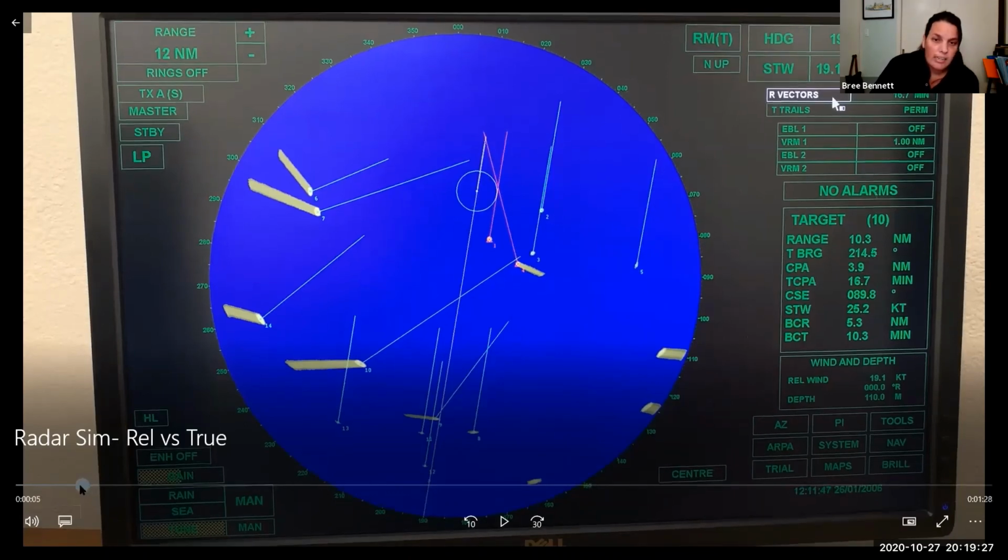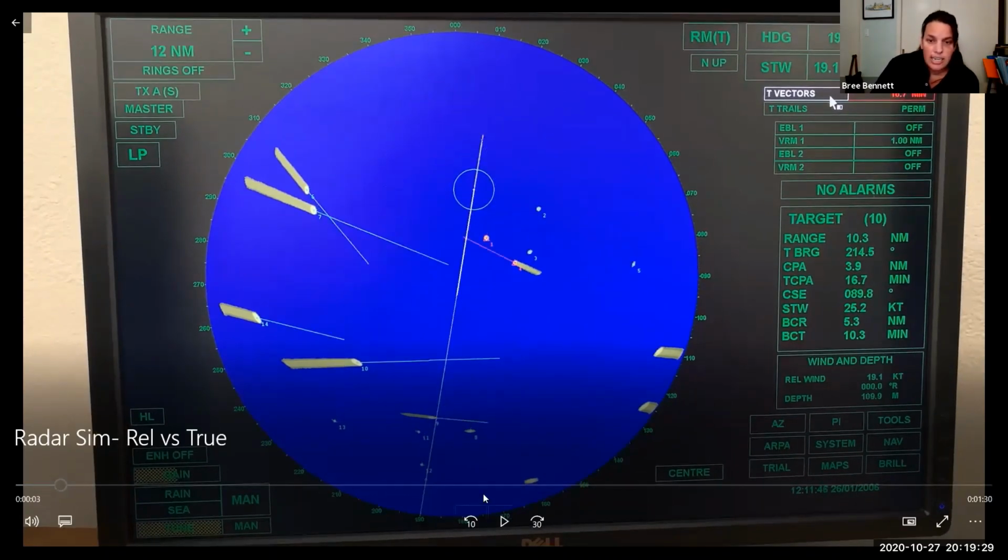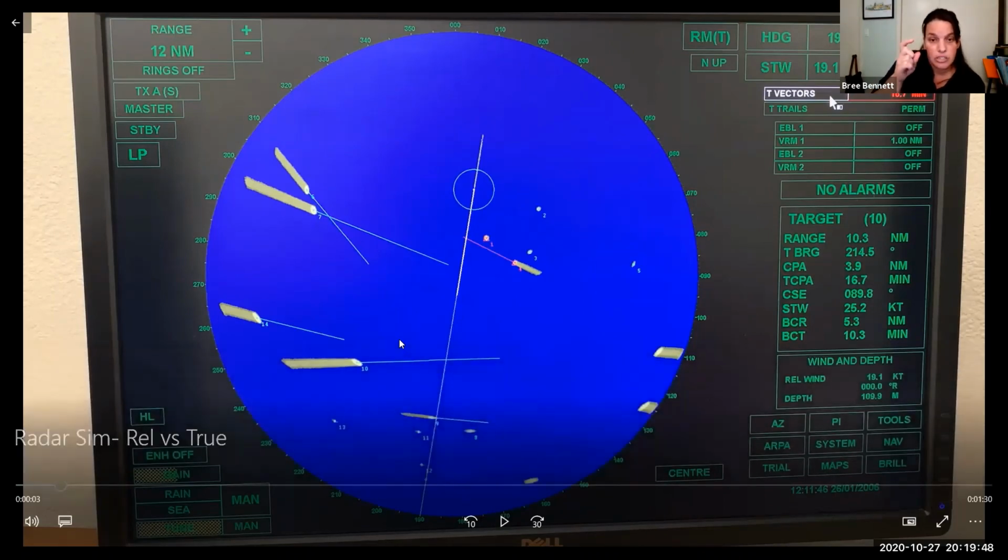So let's go back and look at it true. When I look at these, they don't have any of those trails, right? I don't know if they're moving or not, but I'm going to say they're not moving. They don't have any true target or true vector.